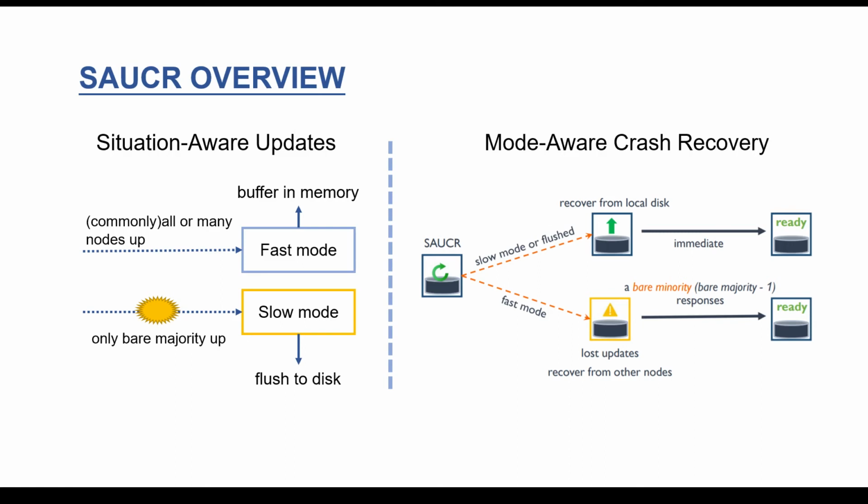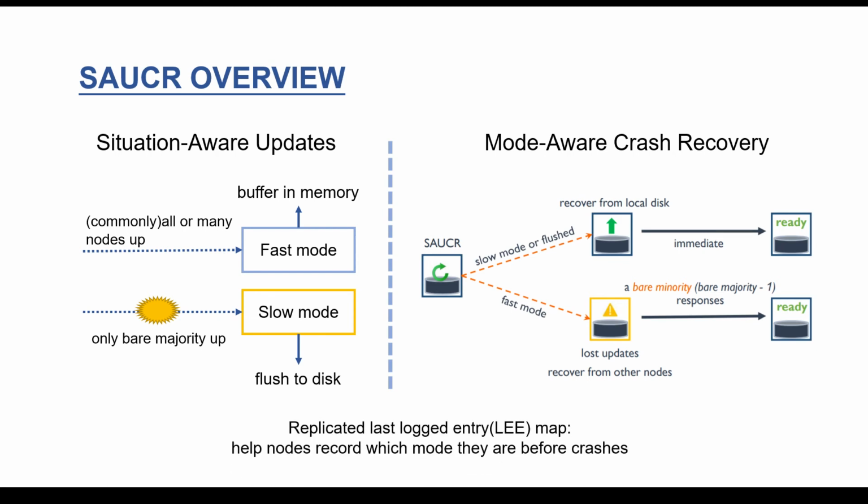It also will wait for a majority of responses, just like the memory durable protocols. To achieve these two approaches, they use a replicated latest logged entry map, which is called the LE map, to help nodes recover which mode they were in before the crash happened.